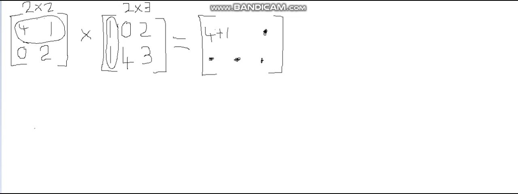Then we go ahead and do multiplication by the second column. And we say 4 times 0 plus 1 times 4.